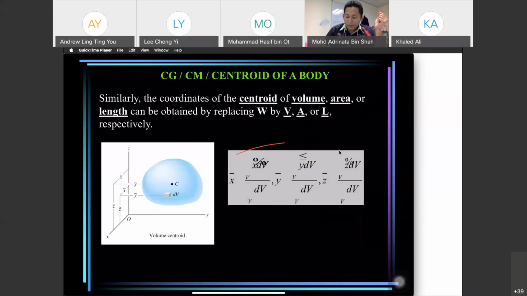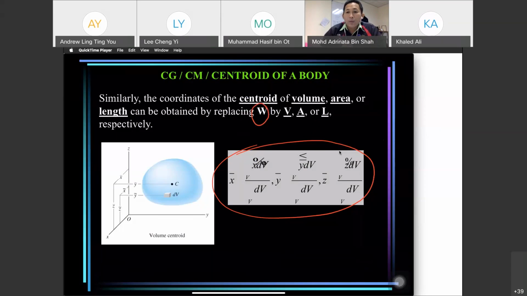The equation is not so stable because I'm using PowerPoint on the iPad, but I have uploaded the PDF version of our lecture slides, and you can have a look at the slides. Similarly, for the coordinates, before this we have W, which is weight or mass.